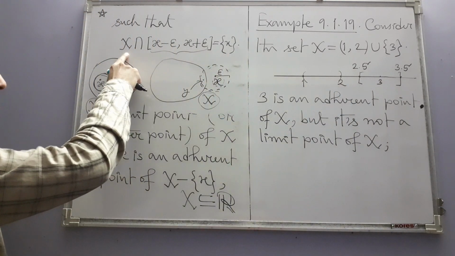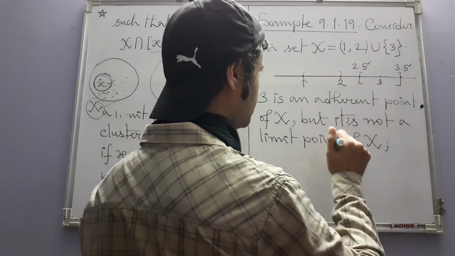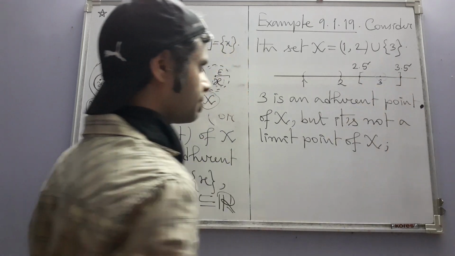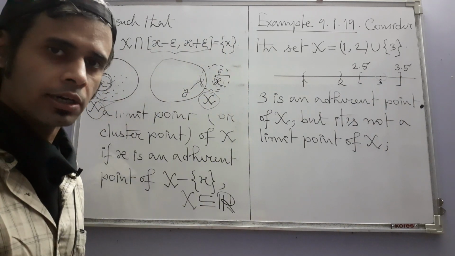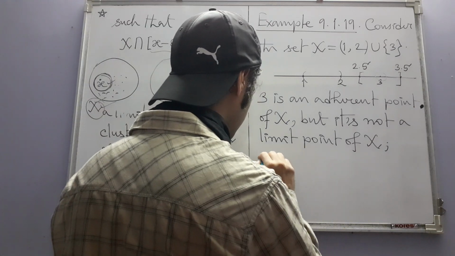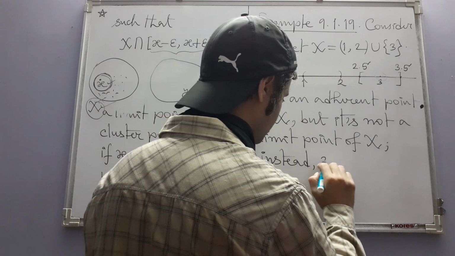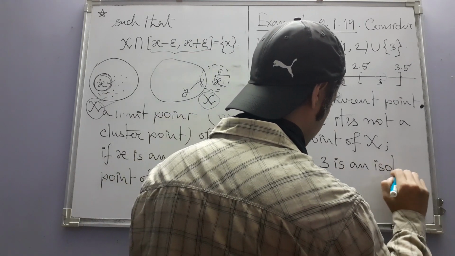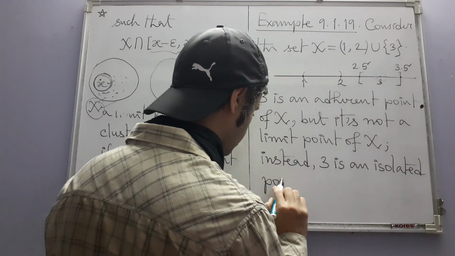So this intersection of X with that neighborhood of 3 is just the singleton set {3}. So that's why 3 is an isolated point, it's not a limit point. Instead, 3 is an isolated point.